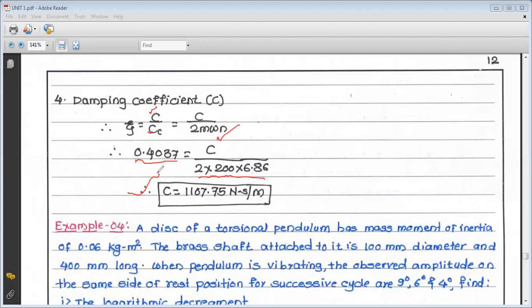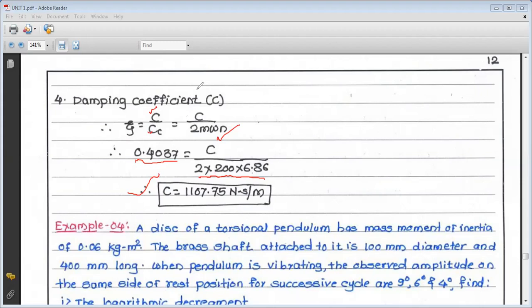The same problem can be asked in torsional vibration also, because that is the only difference. In case of linear vibration, there is the ratio of x0 upon x1, that is the ratio of initial linear displacement x0 to the final linear displacement xn.